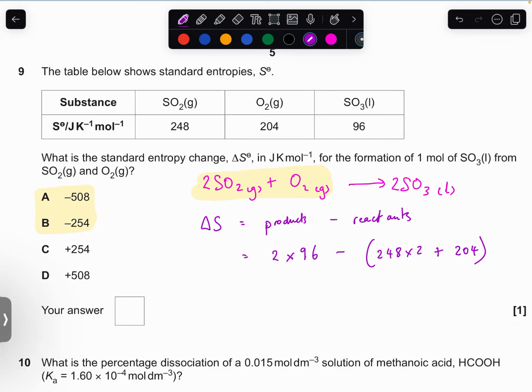I've got minus 508. And the mark scheme doesn't support that. What's going on here?